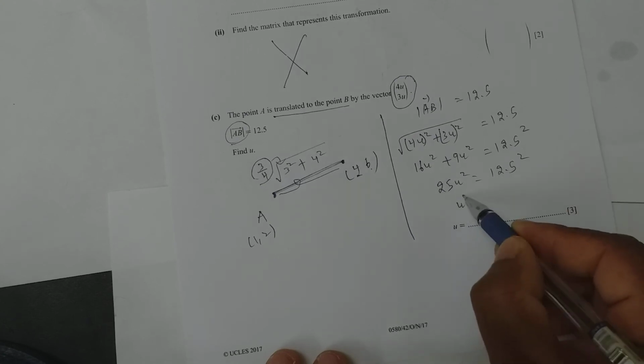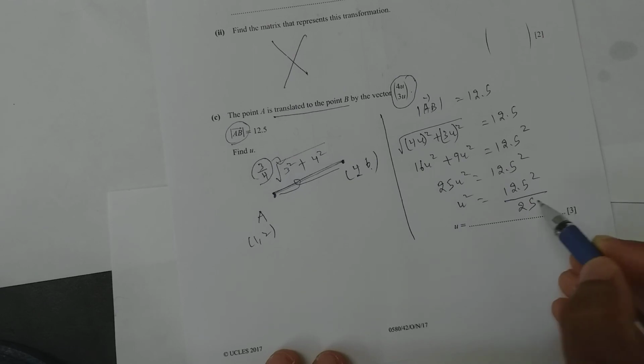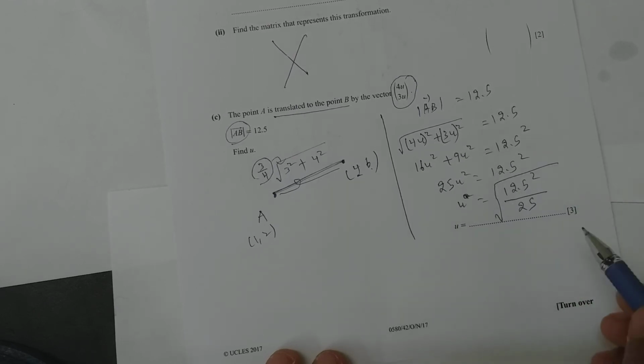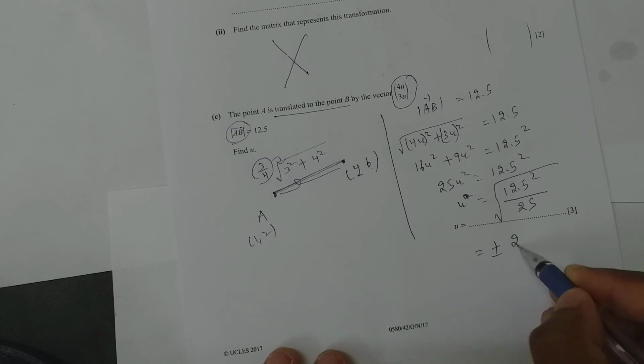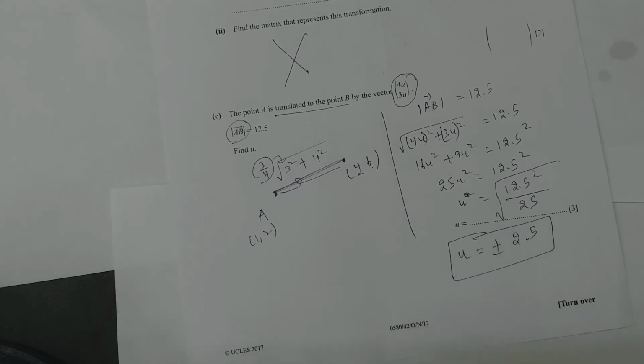So now u square equals 12.5 square by 25. To get u, the square will go to that side. Square root. So the answer that you get is plus or minus 2.5, which is your value for u. Did you understand?